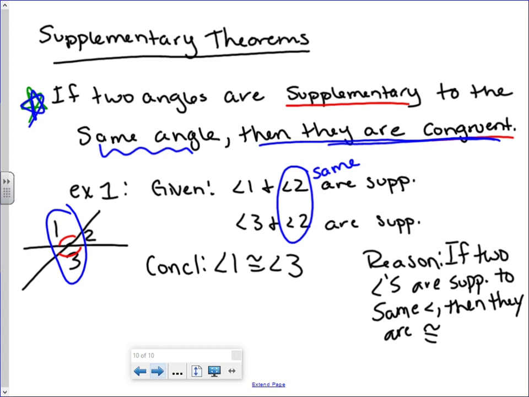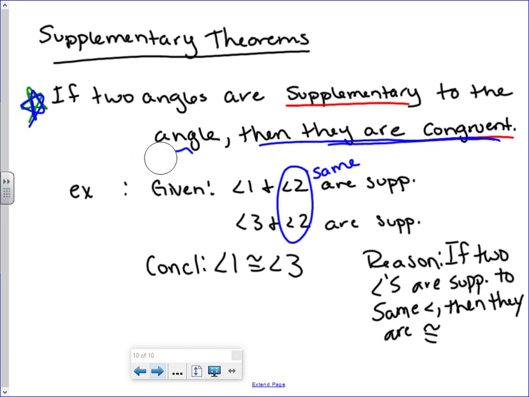So the second theorem says if two angles are supplementary to congruent angles, then they are congruent.